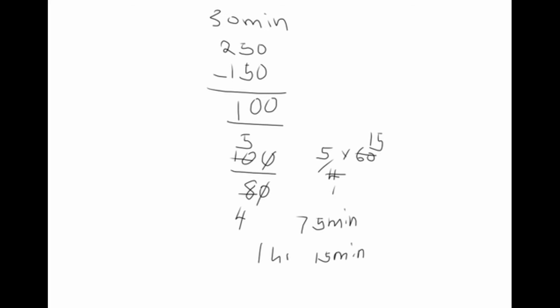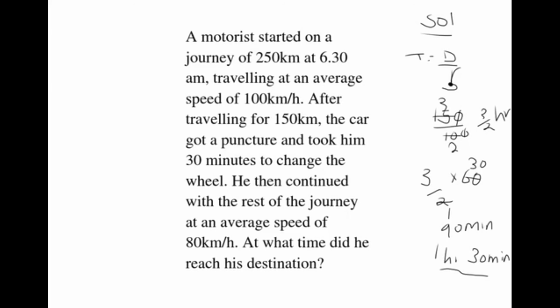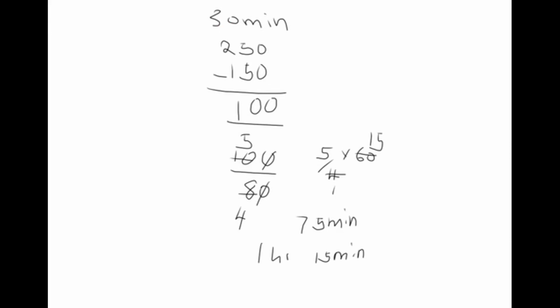Therefore, the question asks us, at what time did he reach his destination? So we take this time which he left, 6:30 a.m. Then we add these hours: 1 hour 30 minutes, we add 30 minutes, and we add 1 hour and 15 minutes.